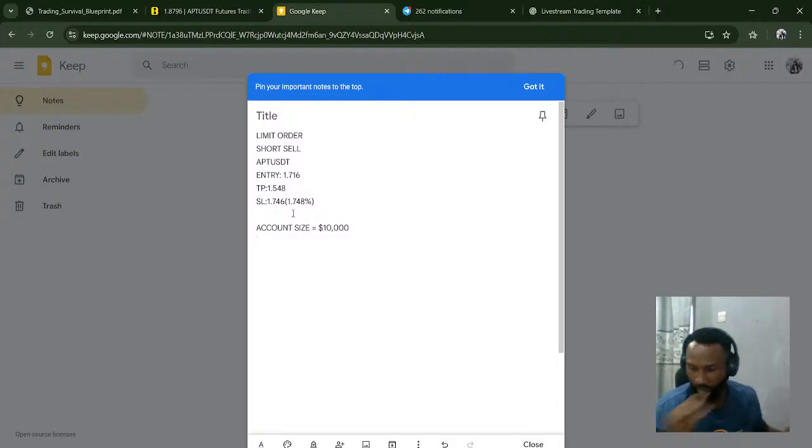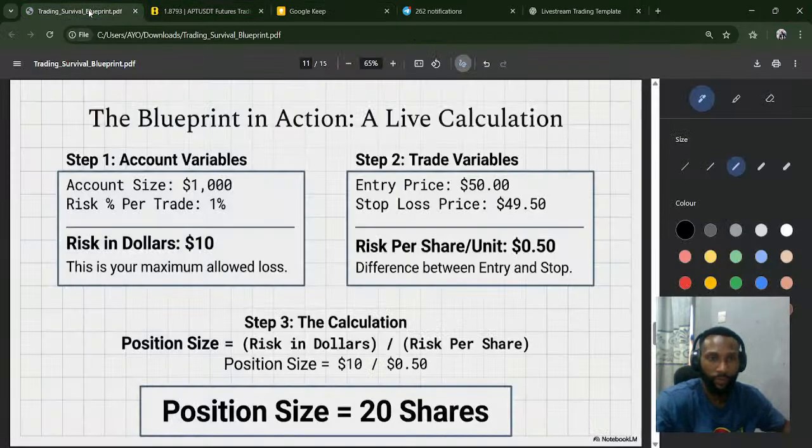So what next? We're looking for the parameters. Now the formula says position size is equal to risk in dollars divided by risk per share. That's your position size.